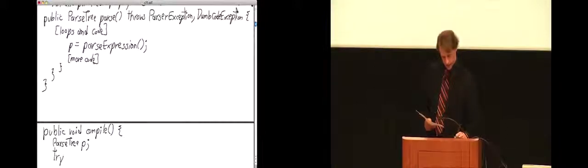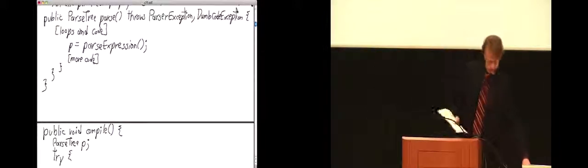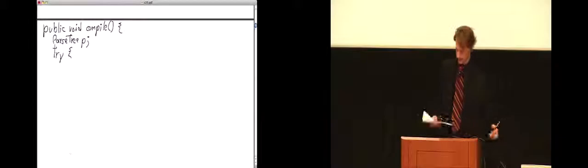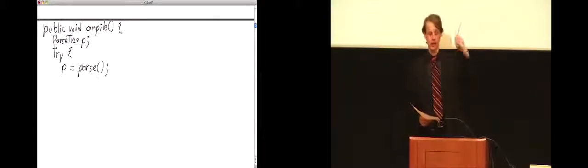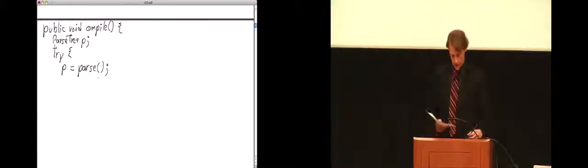And here I'm actually going to go ahead and catch the exception. And so inside a try clause, we're going to call this method parse that might throw a parser exception. And if it successfully returns something, then we're going to take that parse tree and convert it into bytecode.